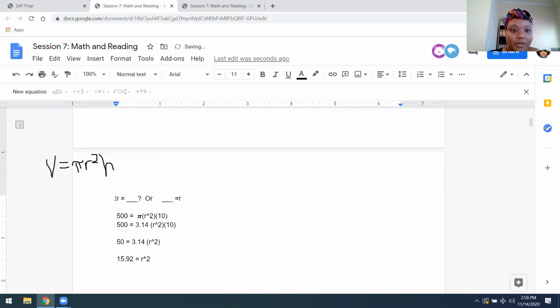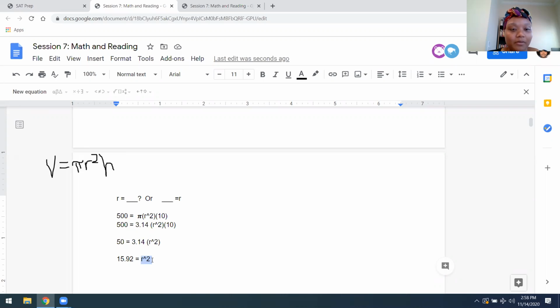It doesn't have to be in this order, of course, but we just have to have R on one side of the equal sign and something else on the other. Something else can come first and then the R, but the R has to be by itself, no matter which order it comes in.